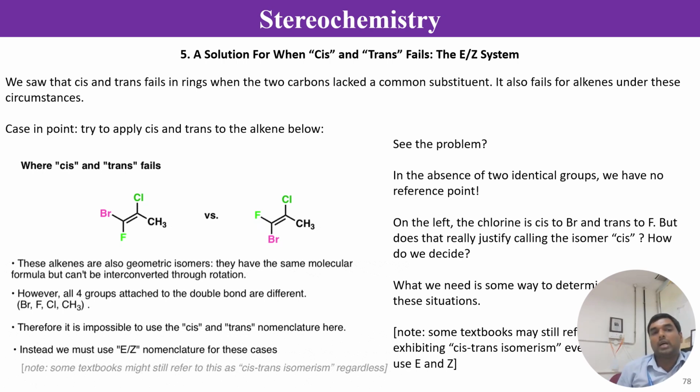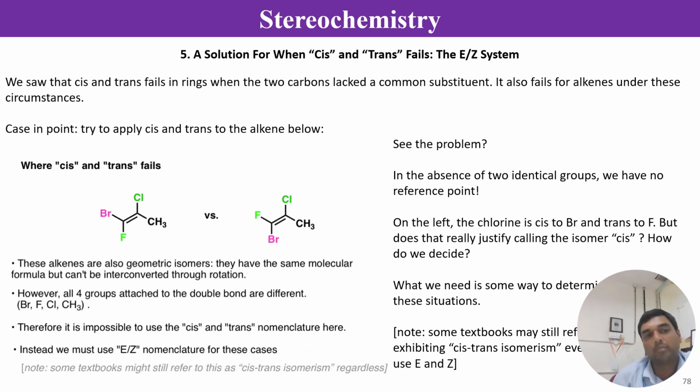So when you have bromine, chlorine, fluorine, methyl, here bromine and fluorine, bromine having higher priority, and chlorine and methyl, chlorine having higher priority.